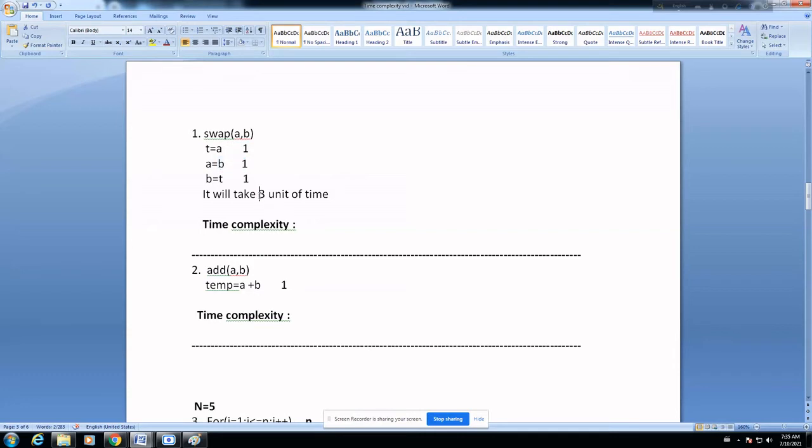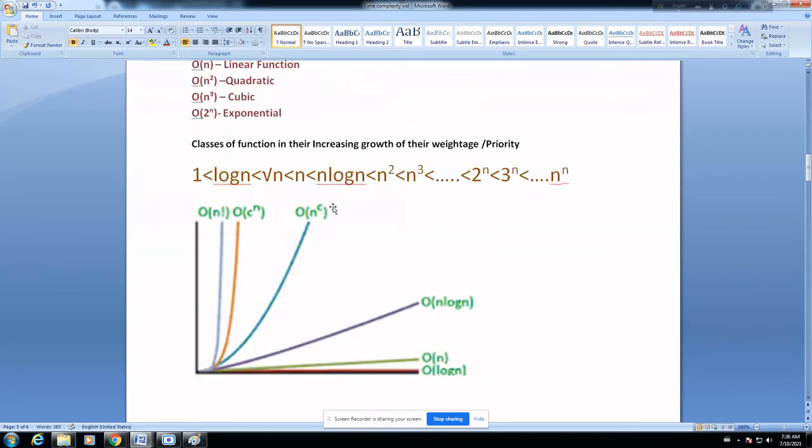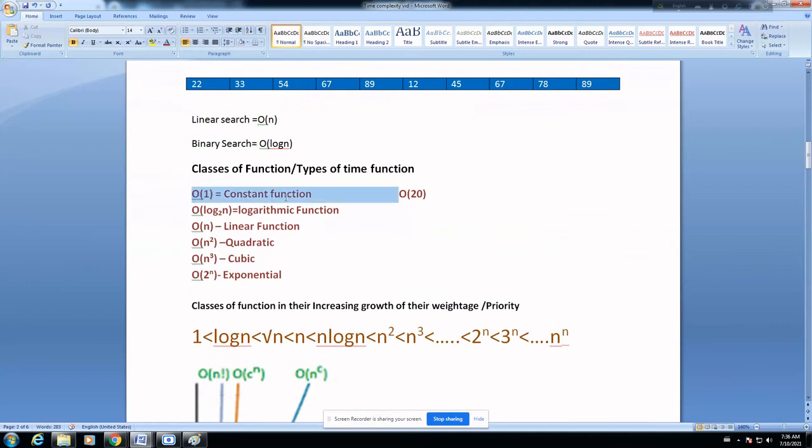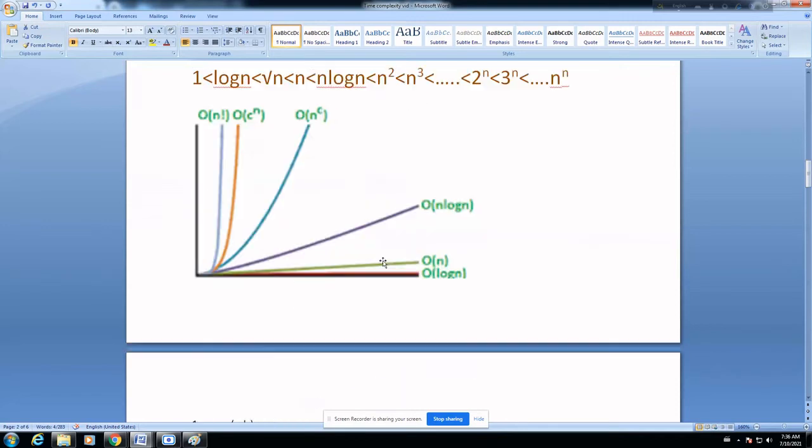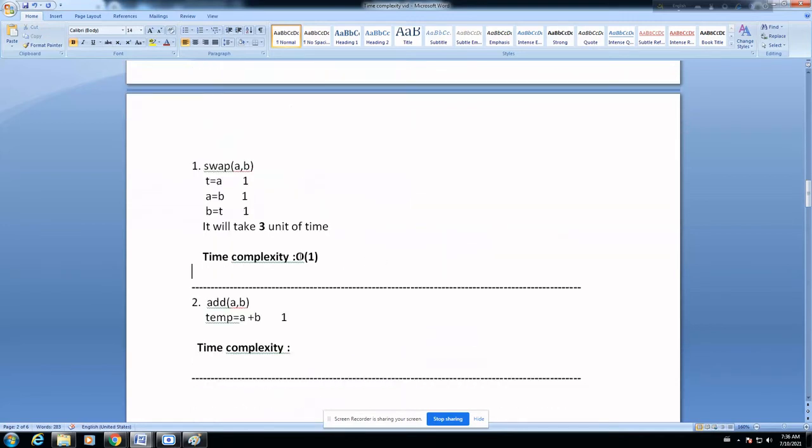So it will take 3 units of time. This is the time complexity, which we say is O(1). It's a constant value. Whenever some constant values are there, it may be O(1), O(20), O(3), O(5), anything, we can represent it as O(1), that is order of 1.